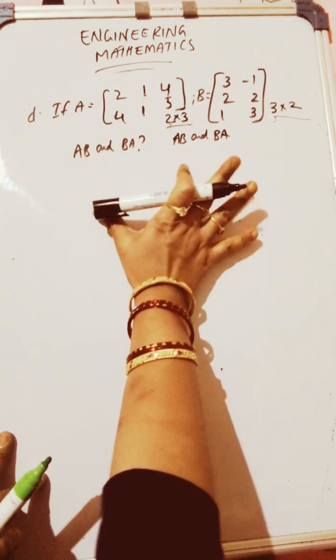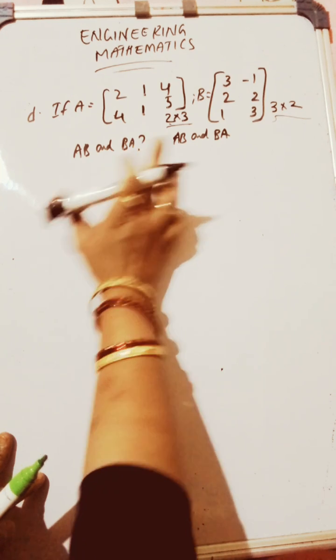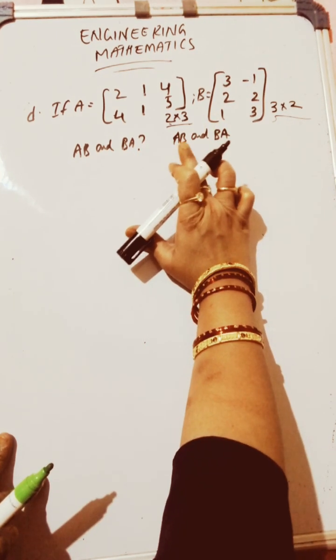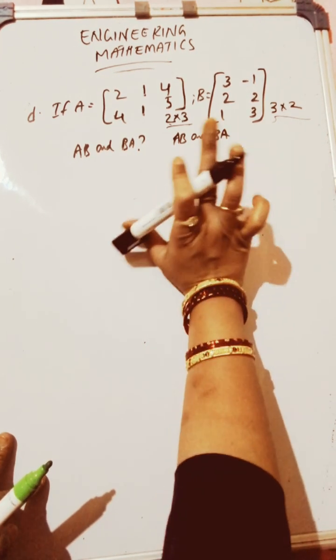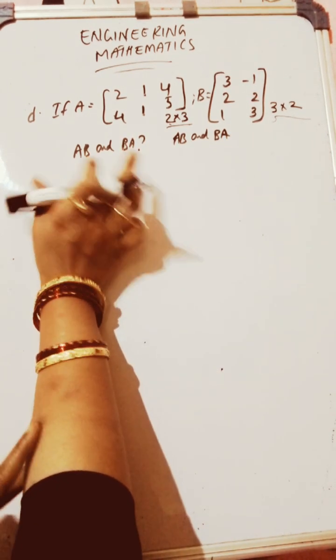First of all, in this question they ask whether we can perform AB and BA, and what is the order of each. We have to write that, that's all. No need to solve this problem. Is it possible or not?